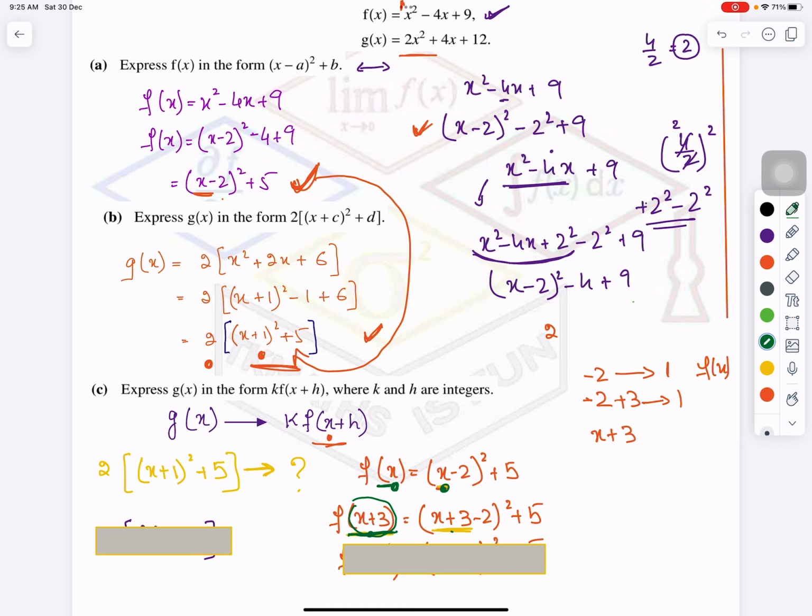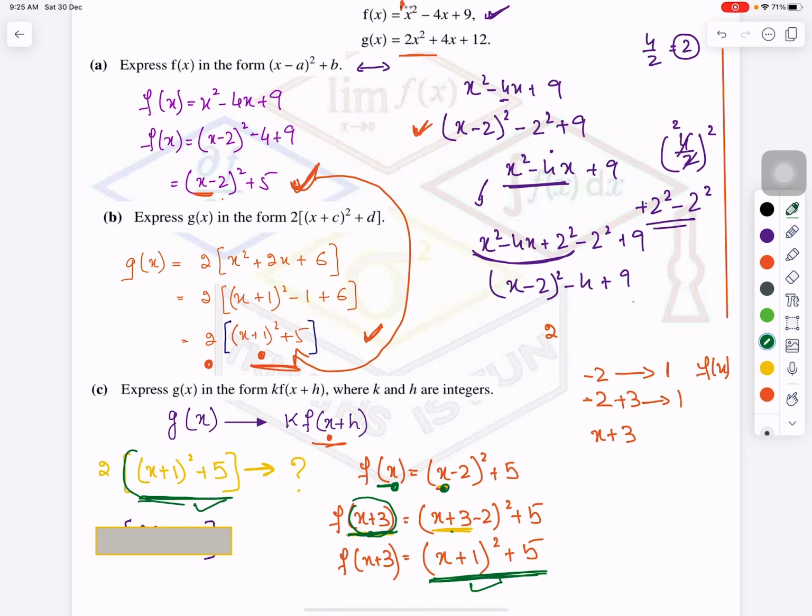Okay, so now if you do x plus 3 minus 2, it will become what? x plus 1. So this is just like your part of function g. Agreed? 100% the same thing here and here.